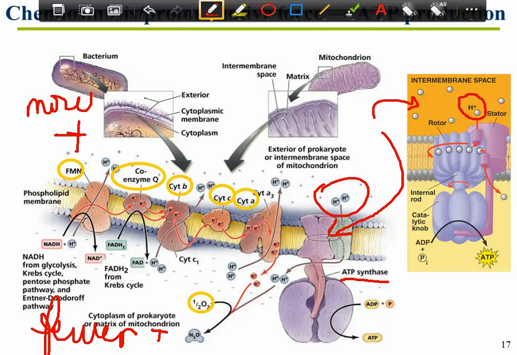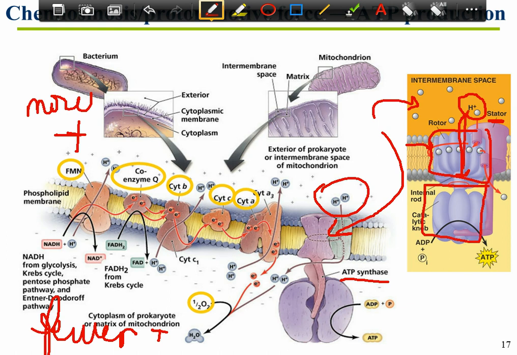Okay, first of all, you've got a little motor right here, and the hydrogens can go through this. There's an object right over here called a stator that you don't have to know, but it's a non-moving structure holding this first little motor to this second motor down here.